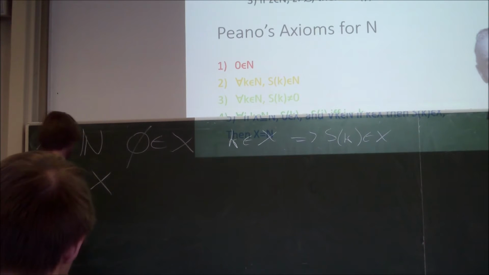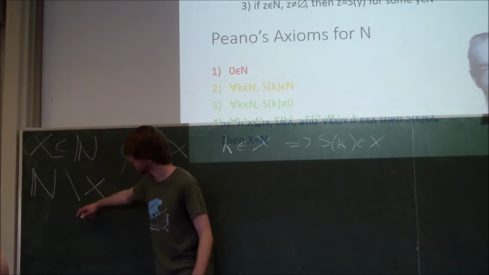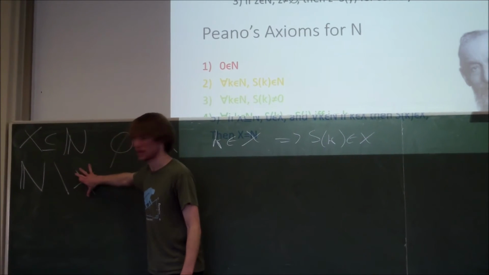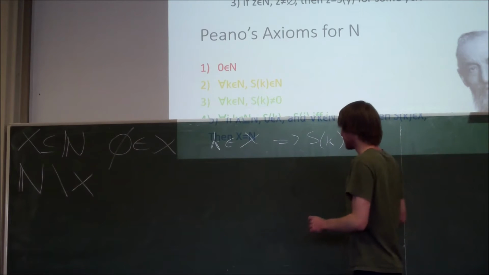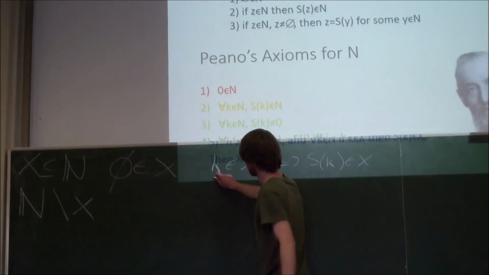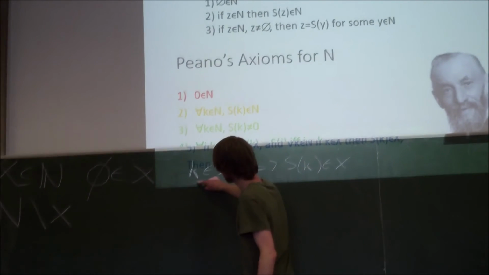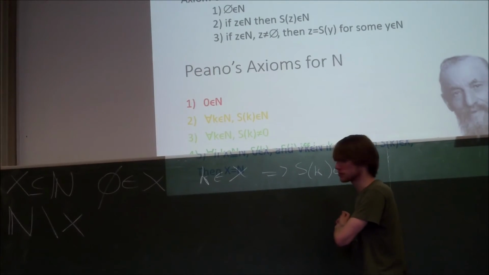And for that least member, because it's the least, that means that one less than it must be in x. Right? So if we consider that one less than our least member that is in x, we'll call that k, then we find that s of k is in x.